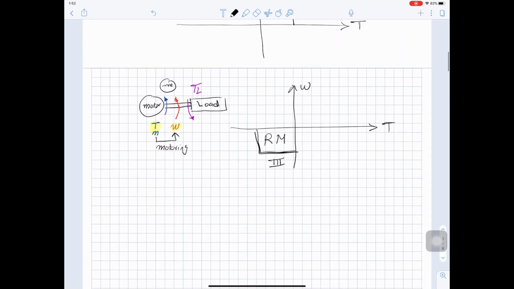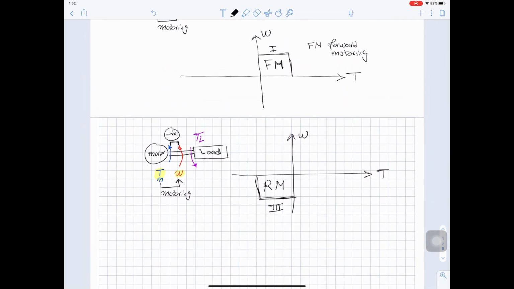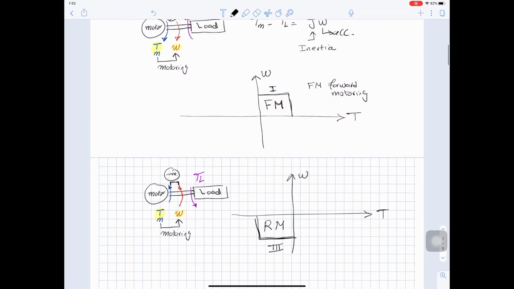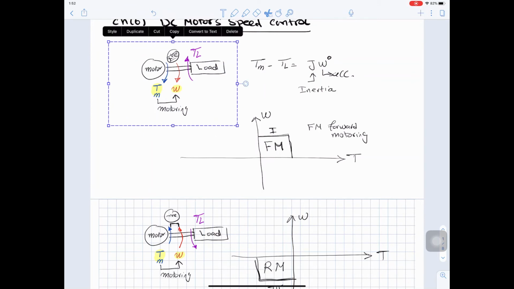So in quadrant 3, you are motoring. Why motoring? Because the torque of the motor and the speed are in the same direction. So we are motoring in the reverse direction. So this is the third quadrant. Now let's take this one again.